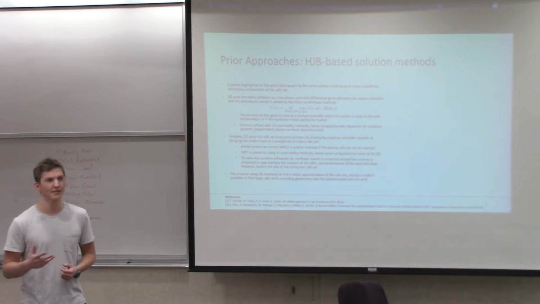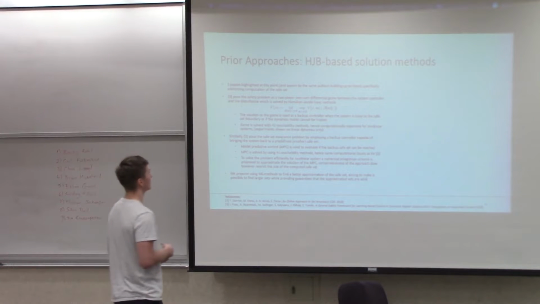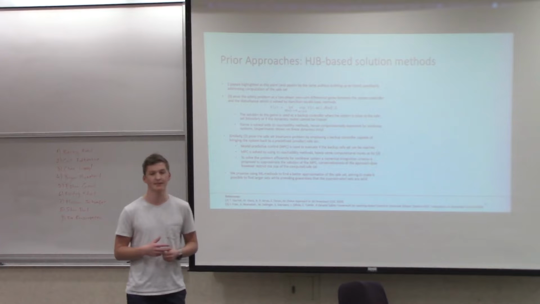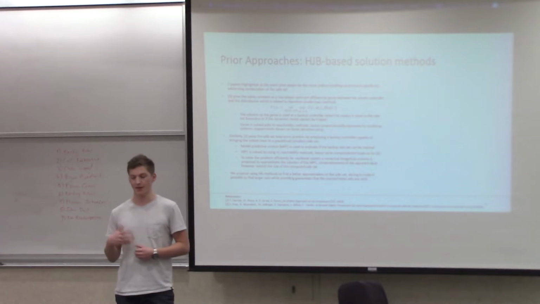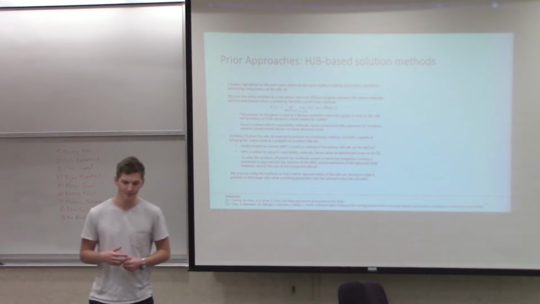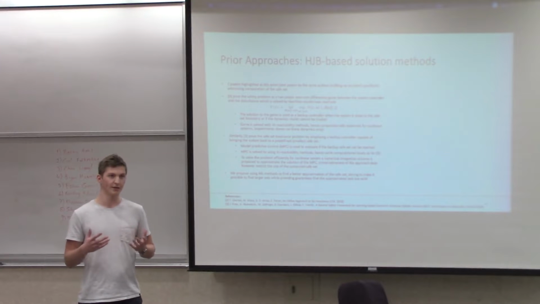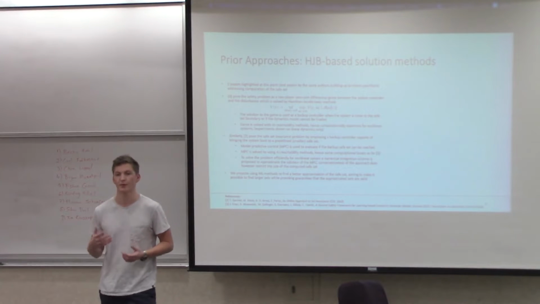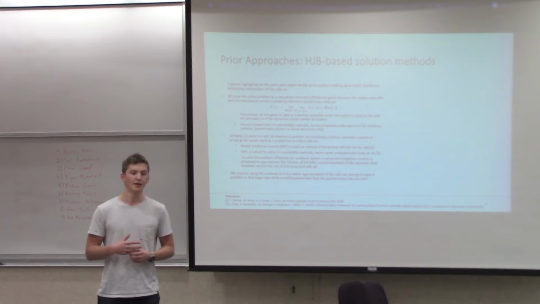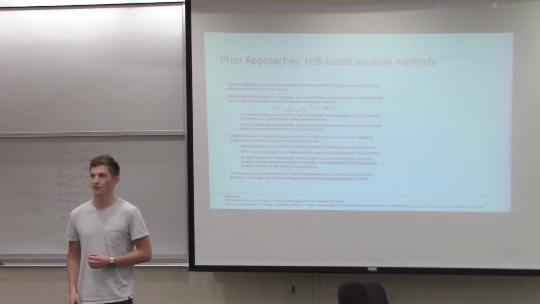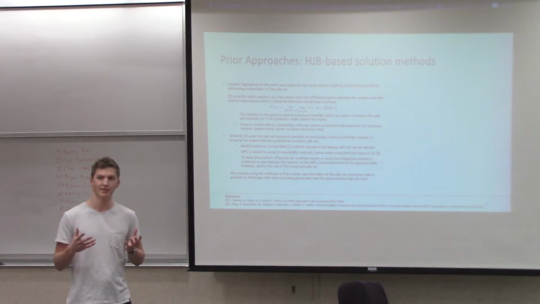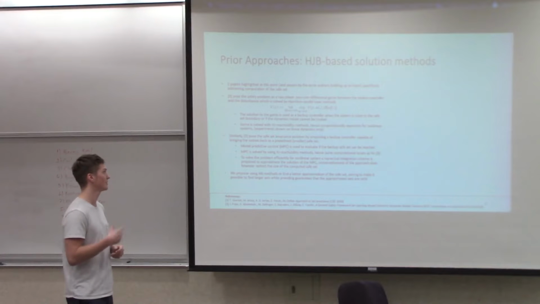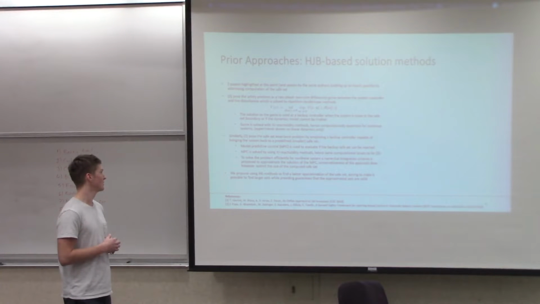Both of them are essentially using Hamilton-Jacobi-based methods to try to compute this safe set, and then they propose some approximations to deal with nonlinear systems. But the issue is that their approximations lead to very conservative safe sets. So you're restricting the actions that the agent can take a lot, which leads to suboptimal policies.